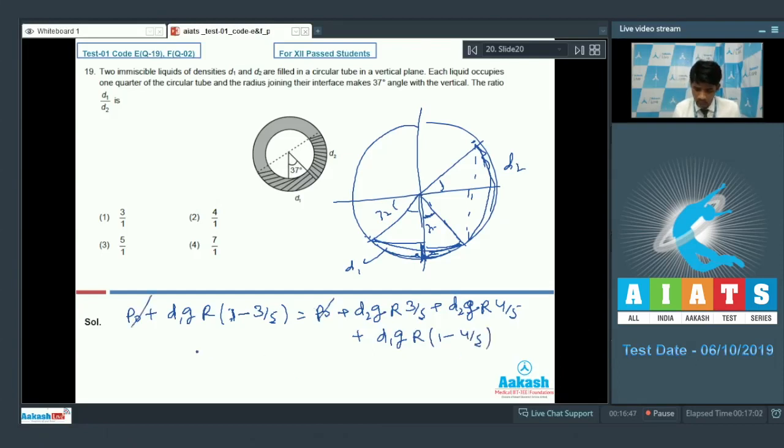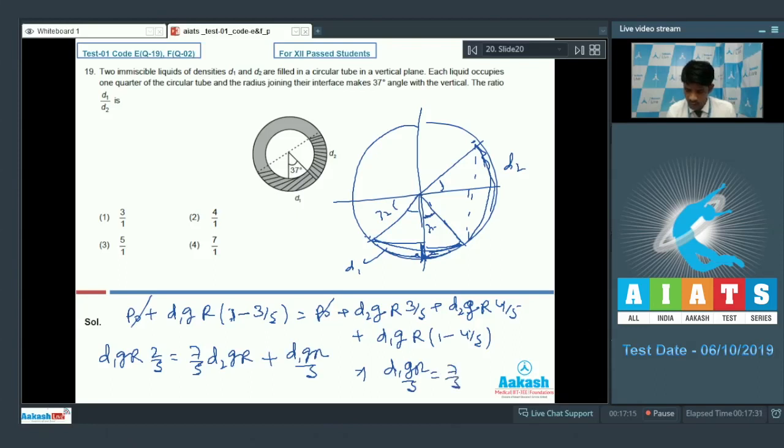This P0 will cancel out, it is D1 GR 2 by 5, here it is 4 by 5, 3 by 5, it will be 7 by 5 D2 GR plus 1 minus 4 by 5, it is 1 by 5, it is D1 GR by 5, or along this side I will have D1 GR by 5 equal to 7 by 5 D2 GR.